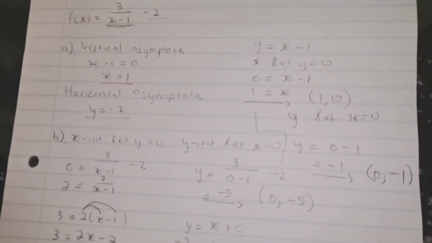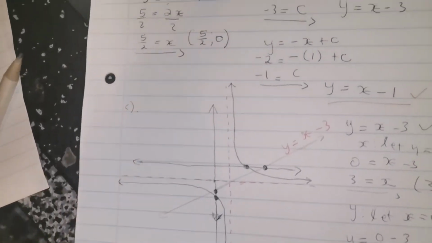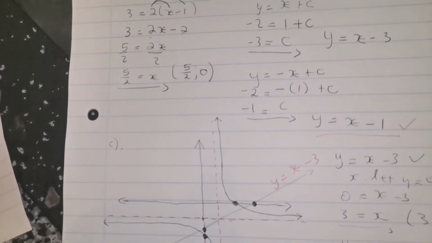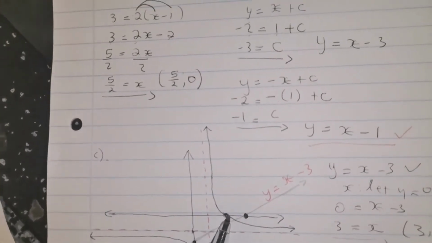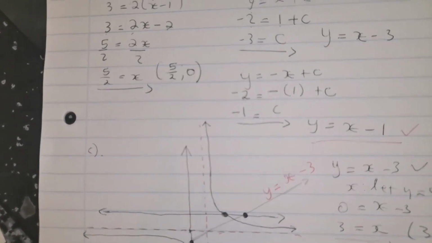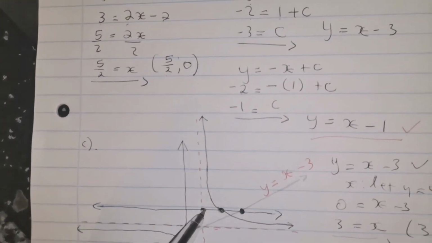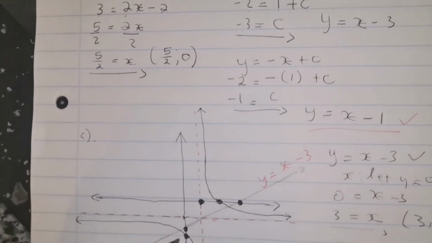Do you see, guys, on this graph? So 1 and 0 can be on this side here. Remember our vertical axis is 1 here, 1 and 0.